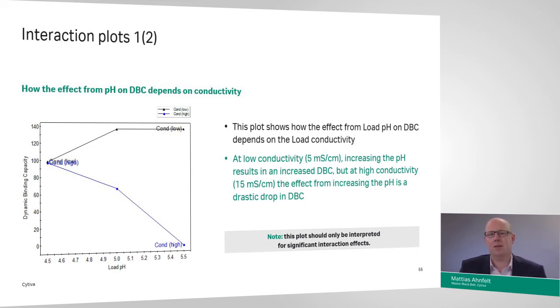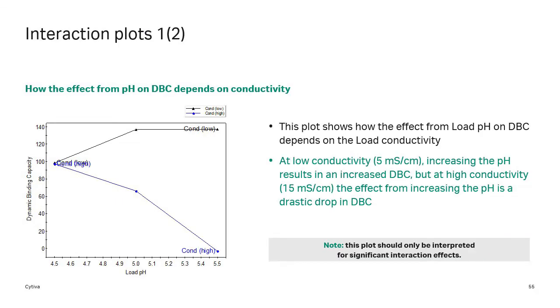So we cannot quantify how good Capto S is or how high the binding capacity is by just running the low pH and the low conductivity. That's a large part of why DoE has such a big value in this instance for binding capacity, is that we quantify the rather complex behavior between conductivity and pH for this ion exchanger, the Capto S.